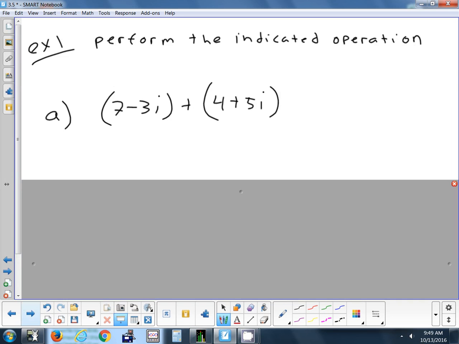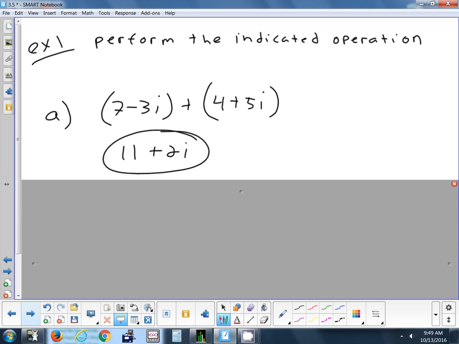And you're adding them. What's 7 plus 4? 11. Imaginary part in the first parenthesis, second parenthesis, and now you're doing -3 plus 5. 2i. Okay, that's it. So you're just combining real parts with real parts and imaginary parts with imaginary parts.